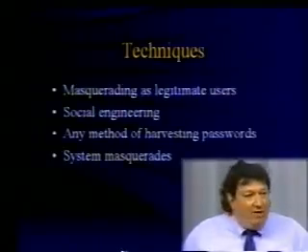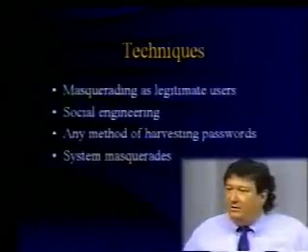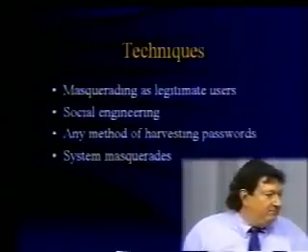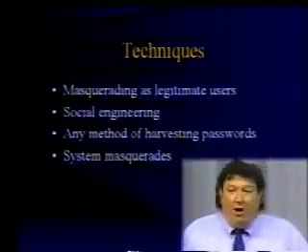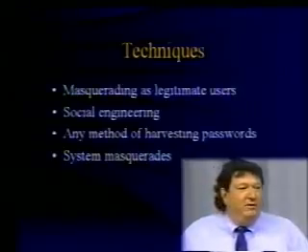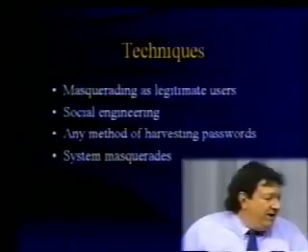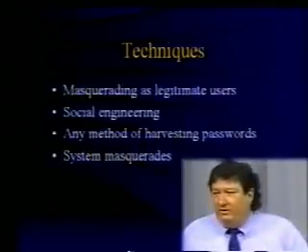And unless they overwrite it, if they simply delete it, we can find it forensically. So we always look on the attack machine for remnants of a password file and system masquerades.